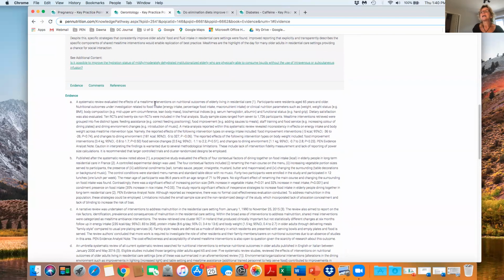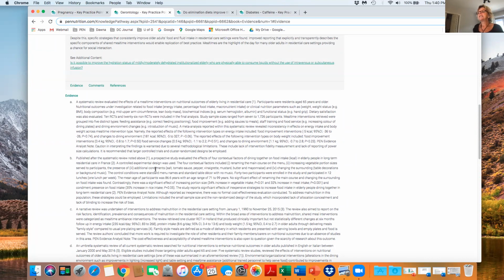One is a systematic review, and they're describing the results of the systematic review. Because this was looking at mealtime interventions, the systematic review didn't include all of their important outcomes. The mealtime interventions were related to feeding assistance, food improvement, staff training in food service, and dining environment changes.